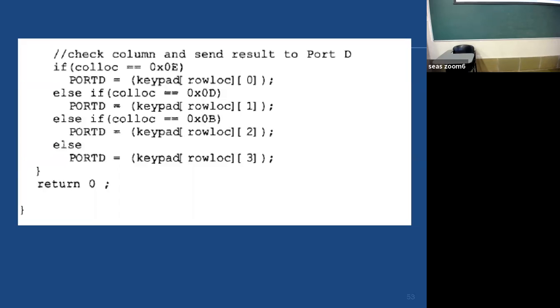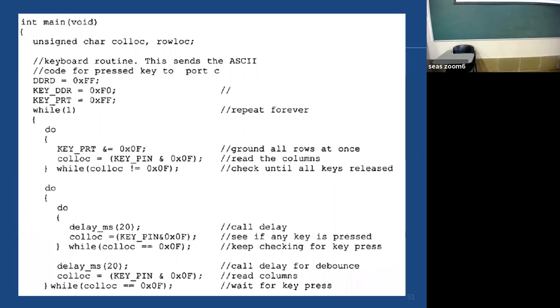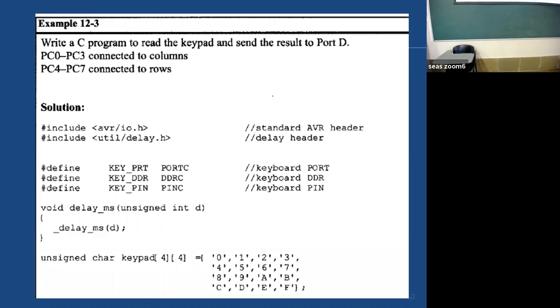Row location and the column, so we have a combination of this. If whatever you send is 0x0D, at that time we have the corresponding row location and the 1, and so forth. So this is referring to this table, a 2-dimensional table.